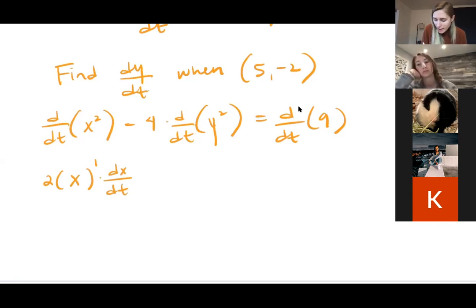And then moving on. When I multiply, I'm going to multiply the -4 by 2, so that I'll have -8. I subtract 1 from the exponent. I leave the inside alone. And then I multiply by the derivative of the inside with respect to t, which would be dy over dt.